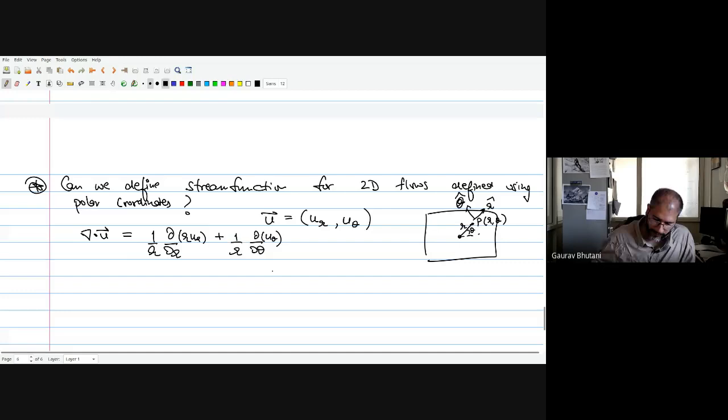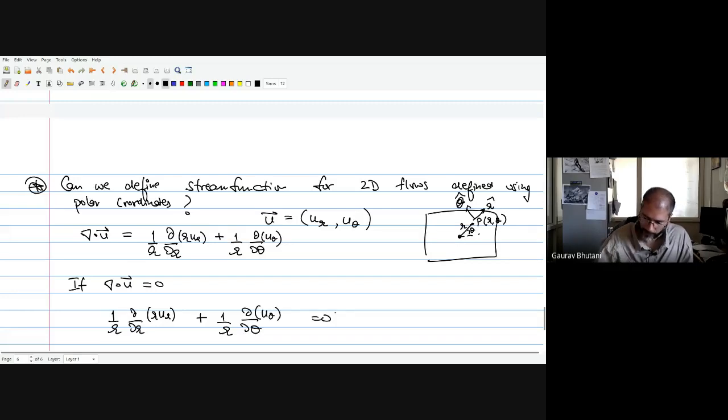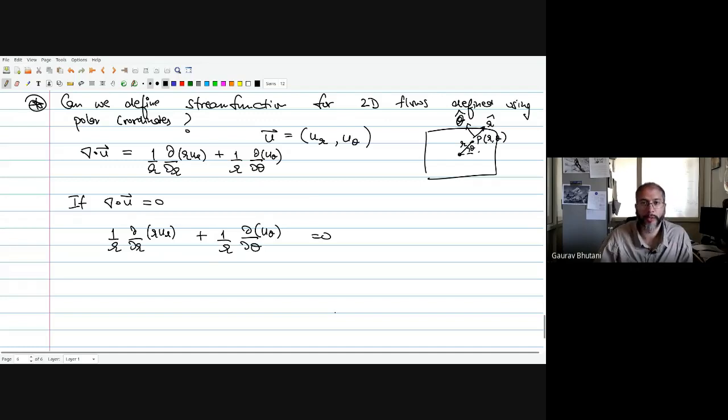So if del dot u is equal to 0, then this thing has to be 0. So 1 by r can be cancelled, so we can multiply the whole thing by r. So this is what we get.